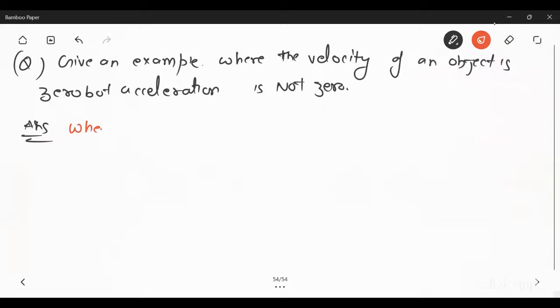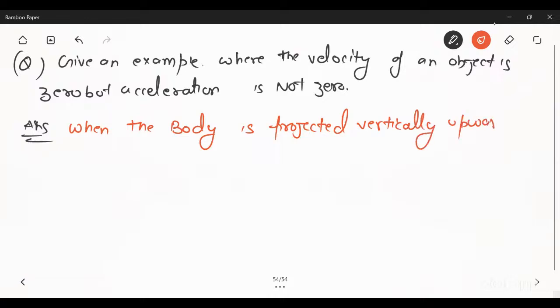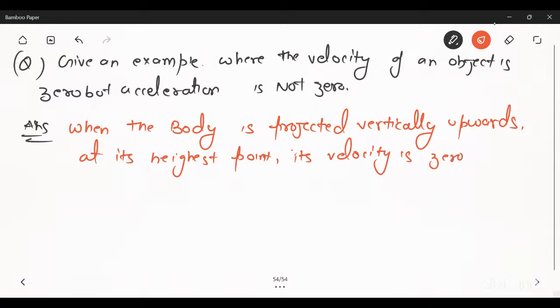So when a body is projected vertically upward, at its highest point its velocity is zero, but its acceleration a is equal to g, which is not equal to zero.